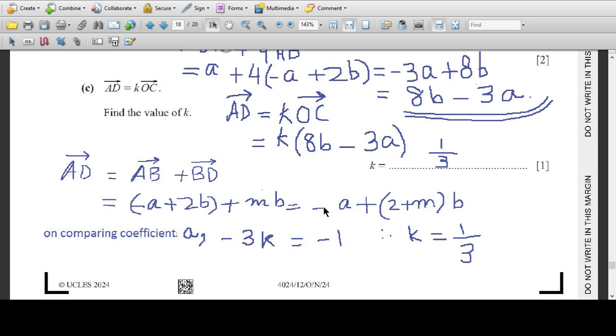So this minus 1 and this minus 3k for AD, we can write OC, k OC and AD. So with this comparison, minus 3k is equal to minus 1. So k is equal to 1 upon 3. So k is obtained as 1 upon 3. This was not easy.